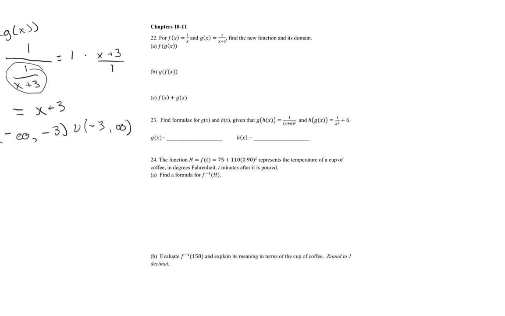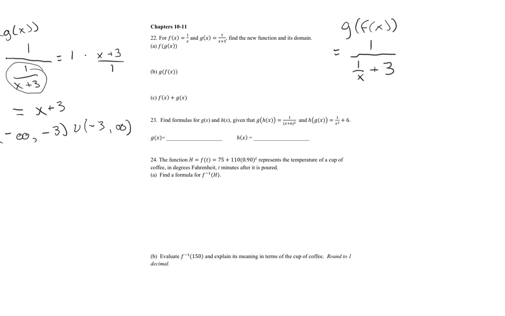So for part B, we're now going to look at g of f of x. And so this is going to be wherever there's an x in g of x, we're going to plug in f of x. So this will be 1 over x plus 3.